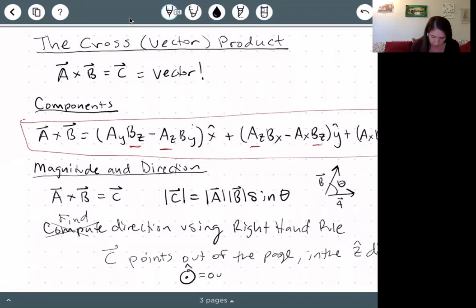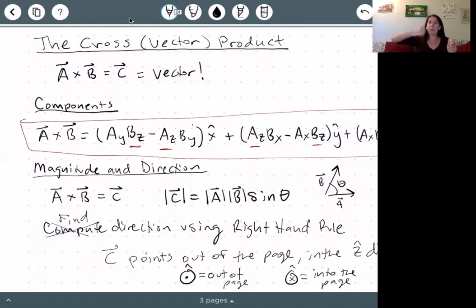So this is out of page. If it were pointing into the page, then it would look like this, into the page. Now these notations are nice in case you forget whether Z is pointing out of the page or into the page for the given way you drew your coordinates. These make it always very clear when you use the right-hand rule.